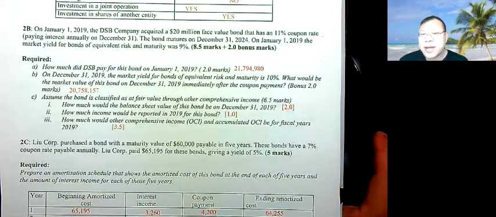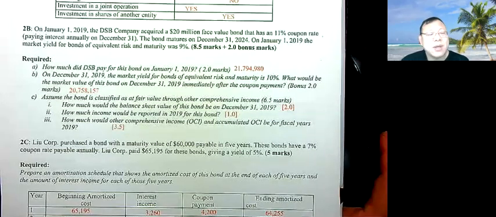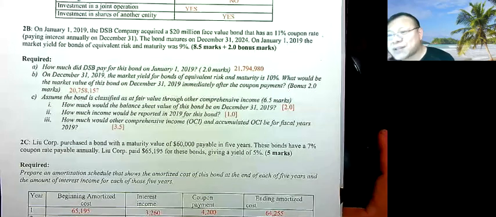And C, assume the bond is classified as fair value through other comprehensive income. How much would the balance sheet value of this bond be on December 31st, 2019? How much income would be reported in 2019 for this bond? And how much would other comprehensive income and cumulative OCI be for the fiscal year 2019? Okay, so that's the question.